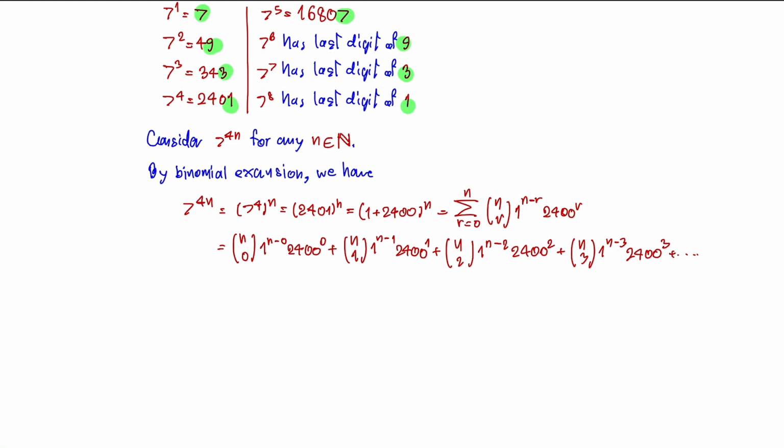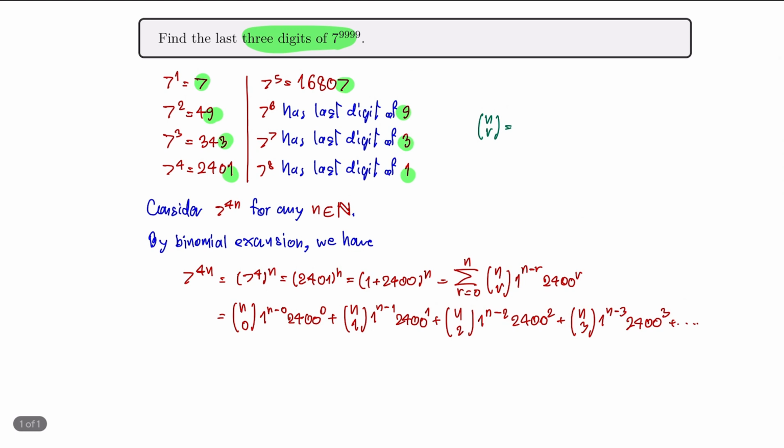So let's deal with these terms. Do not forget that n choose r is n factorial over r factorial times n minus r factorial.